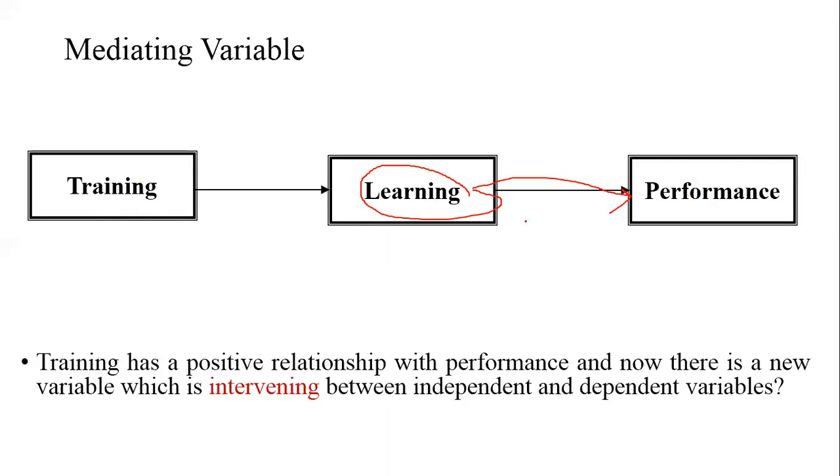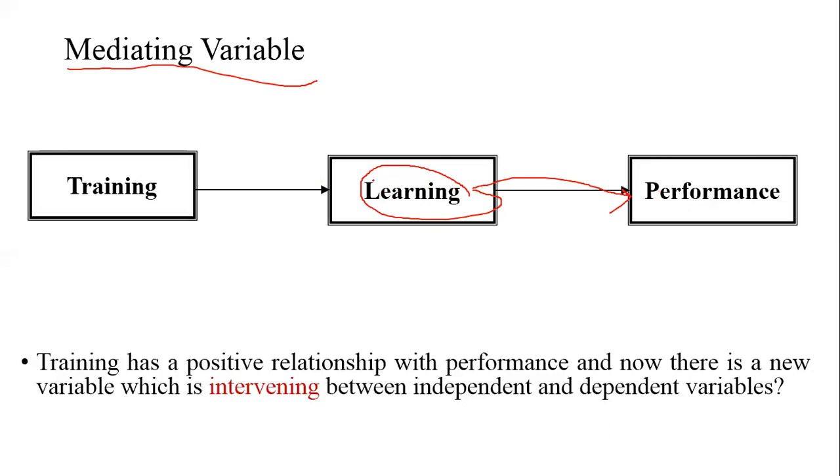So this argument supports another type of variable, which is known as the intervening or mediating variable. Why? If we try to define a mediating variable, it is affected by the independent variable and then it affects the dependent variable.